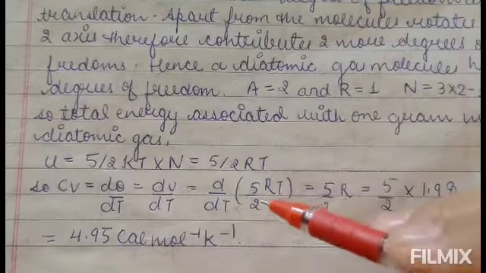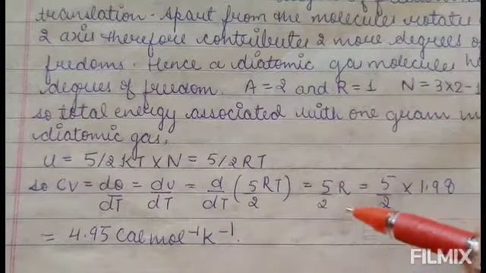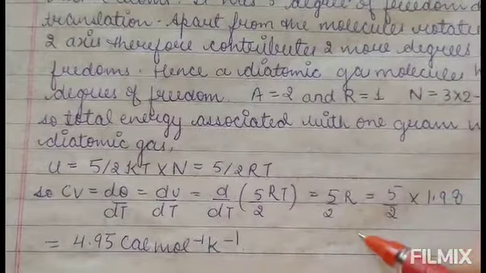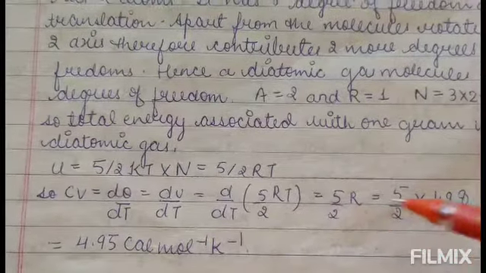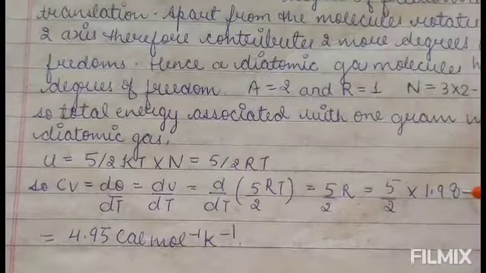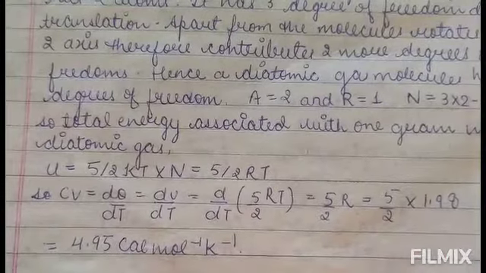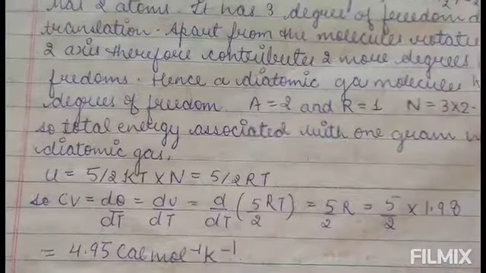If we take the differentiation of this quantity, you will find 5/2 R. So Cv will come to 5/2 R, and the value of R is 1.98. If we multiply it, it will come to 4.95 calorie per mole per Kelvin.